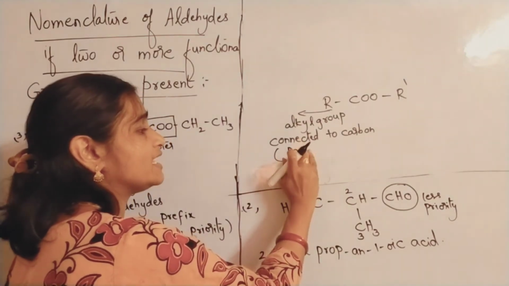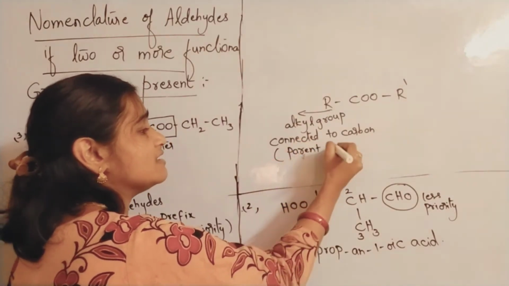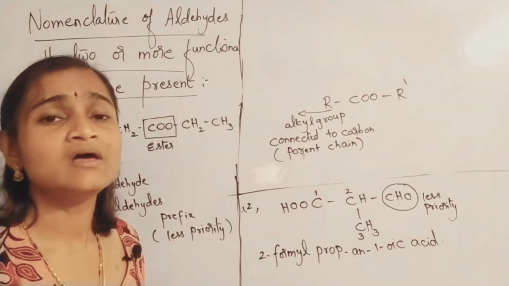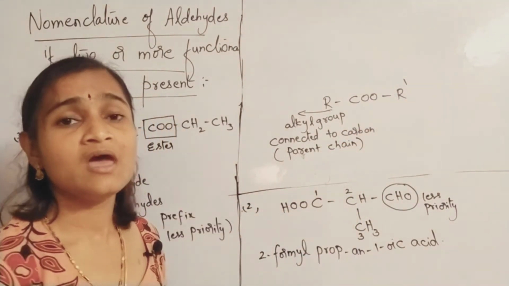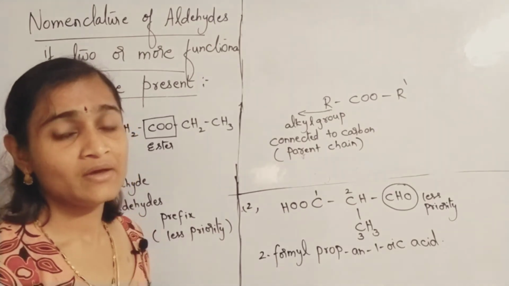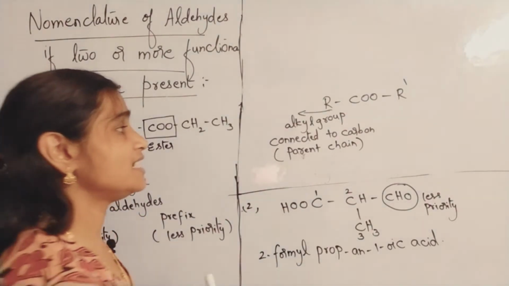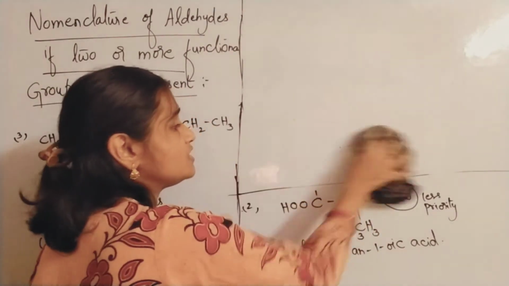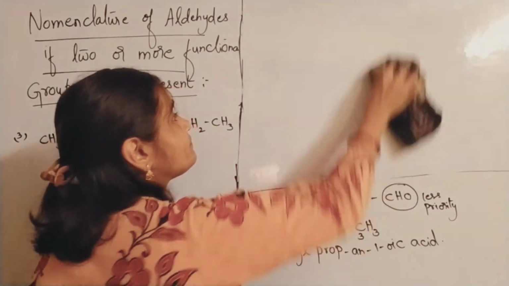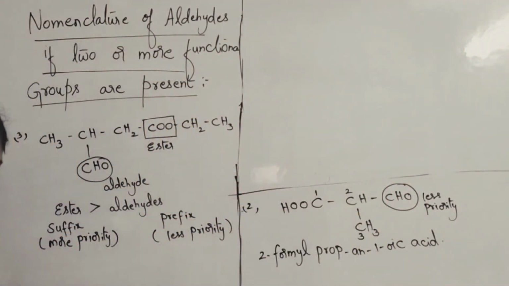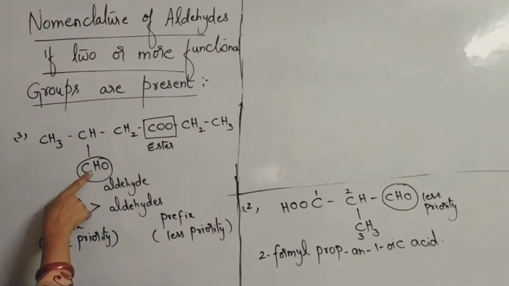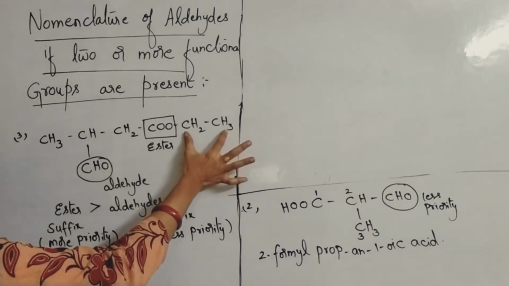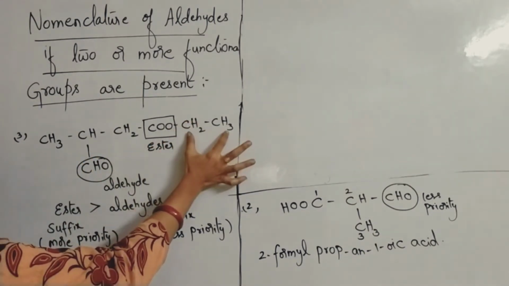And the other alkyl group which is connected to oxygen has to be taken as prefix. Please try to understand carefully. So here two prefixes will be there. Before the root word, you will be getting two prefixes. Because as I told you, CHO is to be given one prefix, and this will be the another prefix, the one which is connected to oxygen.